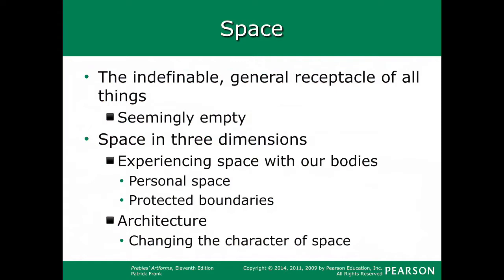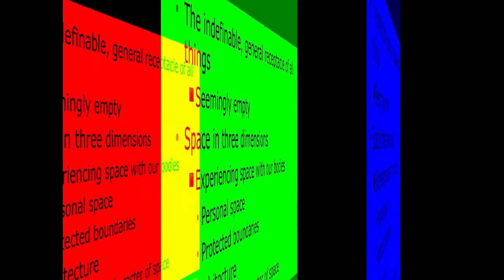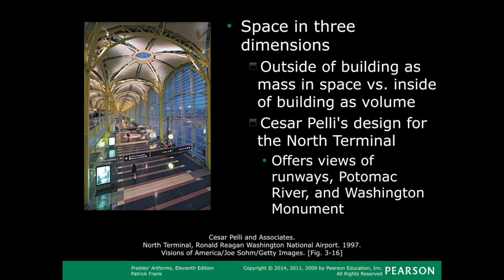So it is making a connection with our personal space. It is interfering with our protected boundaries. You can see these types of qualities when you think about architecture, where the artist or the architect designed a space to give it a certain character.